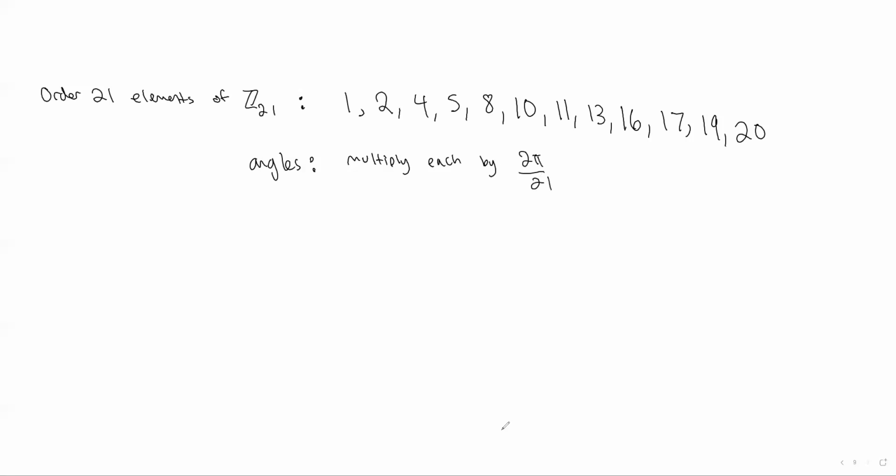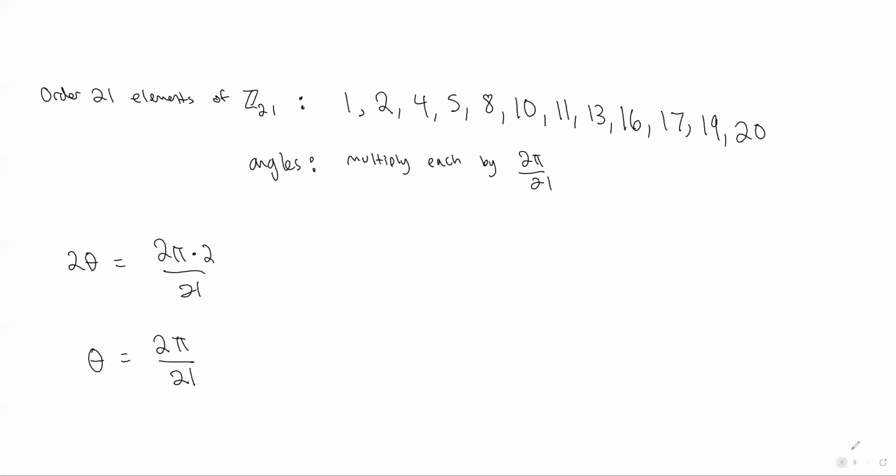And then you can tell now that the even ones will give you a valid angle. So let's say 2 theta equals 2 pi times 2 over 21, then theta equals 2 pi over 21.